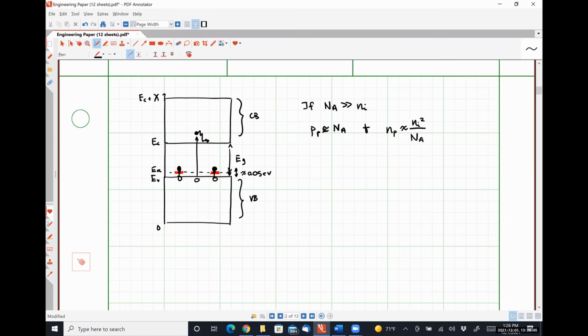This relationship is from what's called the mass action law, which I'm sure that you guys talked about, but I'm just going to write it down for the sake of argument. The mass action law states that n, the electron concentration, times p, the hole concentration, has to equal Ni squared.